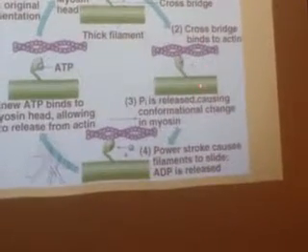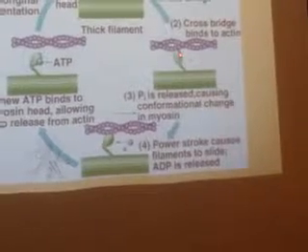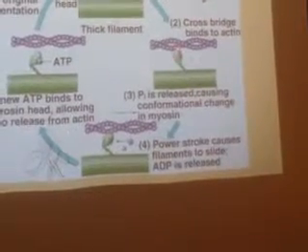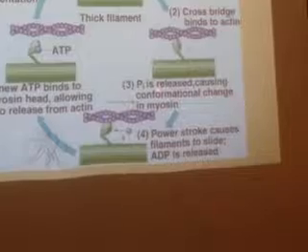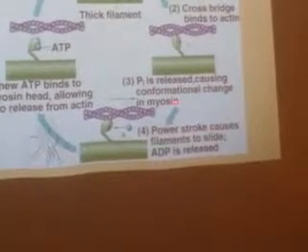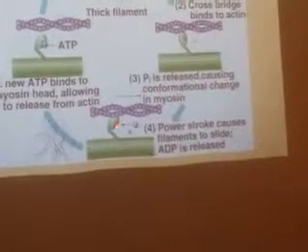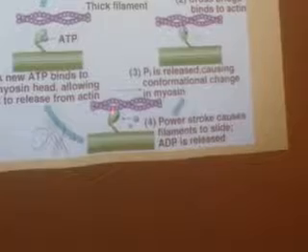Then third, inorganic phosphate is released. This is ADP and inorganic phosphate. So the inorganic phosphate is released, causing a conformational change in myosin. You see some changes occur here. It is bent, and this is called the power stroke.